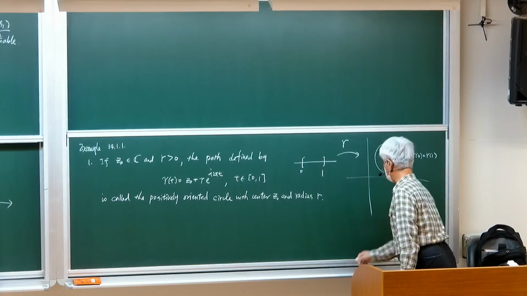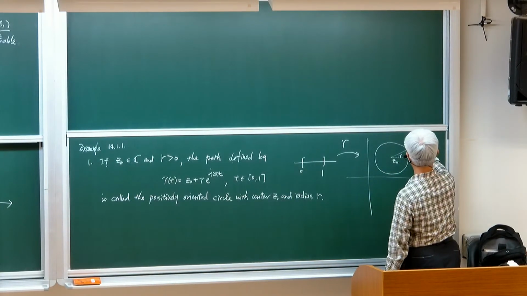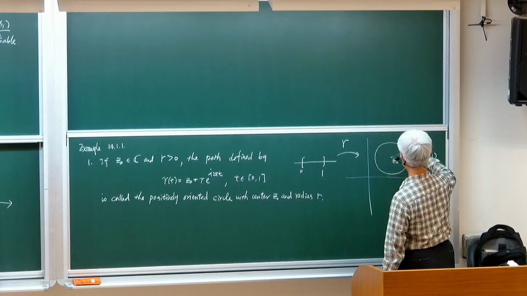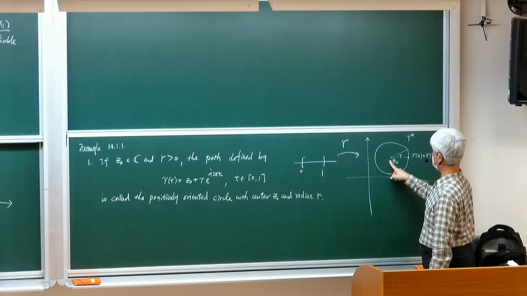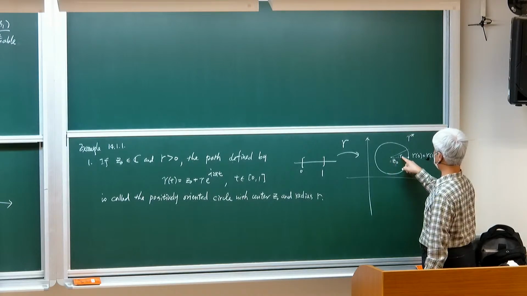The image itself is just the circle with the center z sub 0 and radius R here.